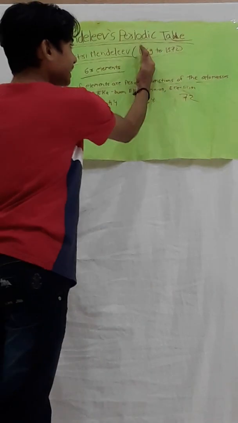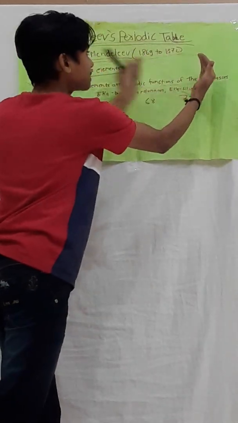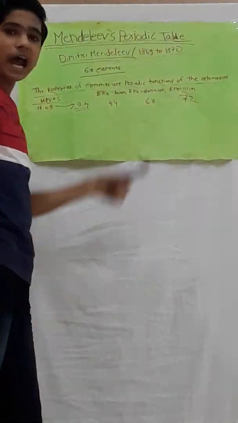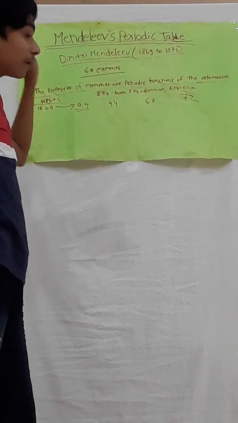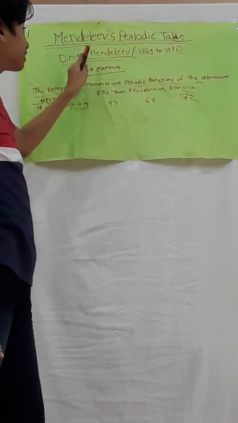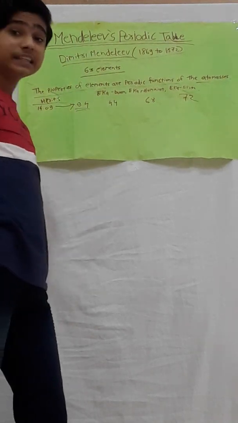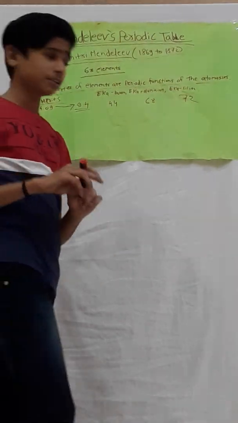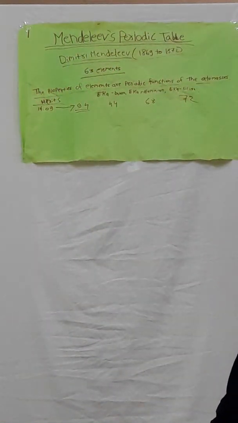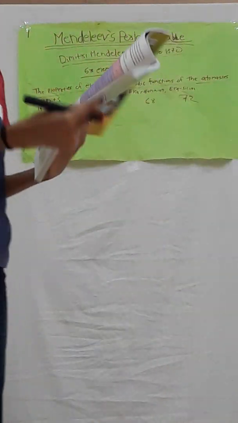He attached this 0 group table to this table, and these noble gases were completely well matched with all these elements in the increasing order of their atomic masses. Okay, I will show you in the book.